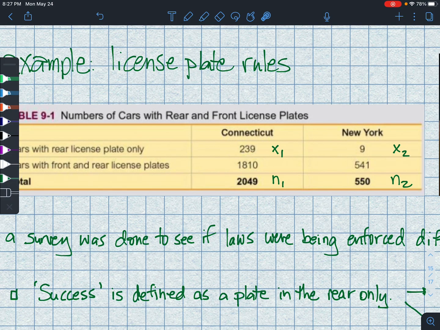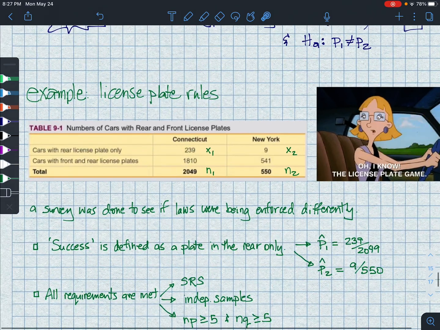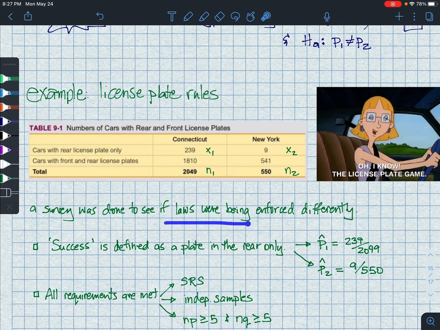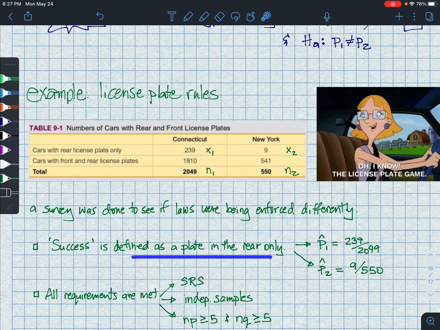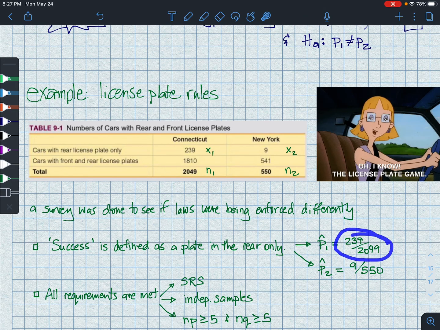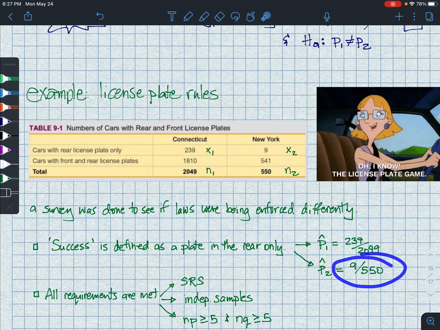More people get away. So the author does a survey to see if laws are being enforced differently in both states, or again, are they the same? The success is defined, first of all, as plates in the rear only. So you can see here 239 over the population 1 sample, and 9 over the sample 2.